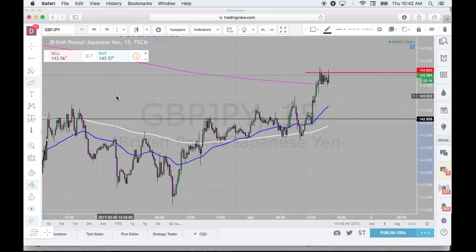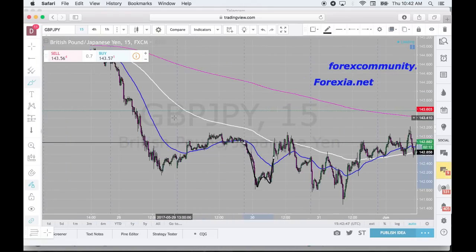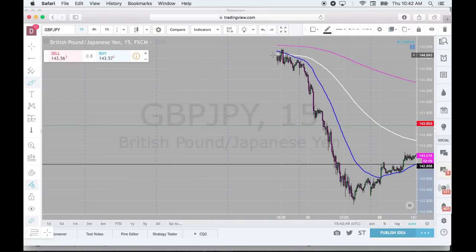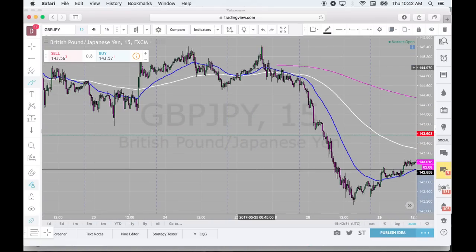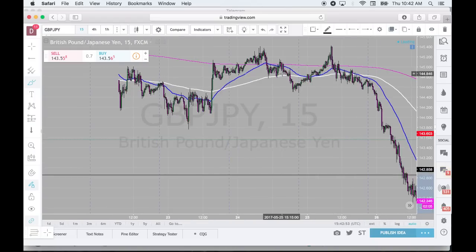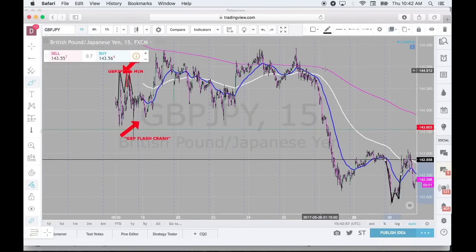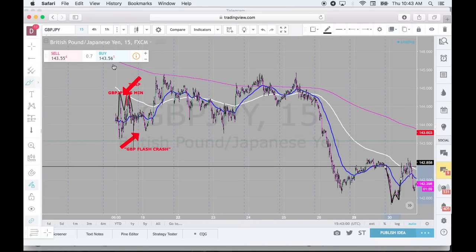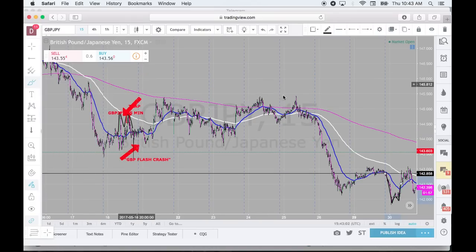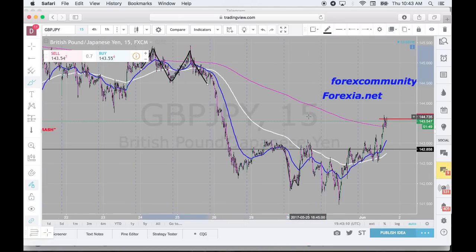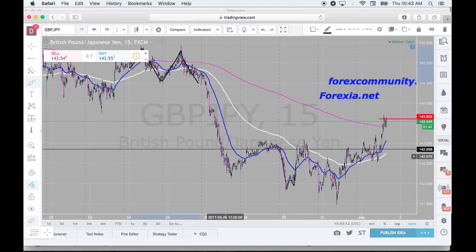So let's try and find one where it's above the 800 moving average. Okay, here's a great example. We can see the big fat M right there came above all EMAs, and then the drop in price.